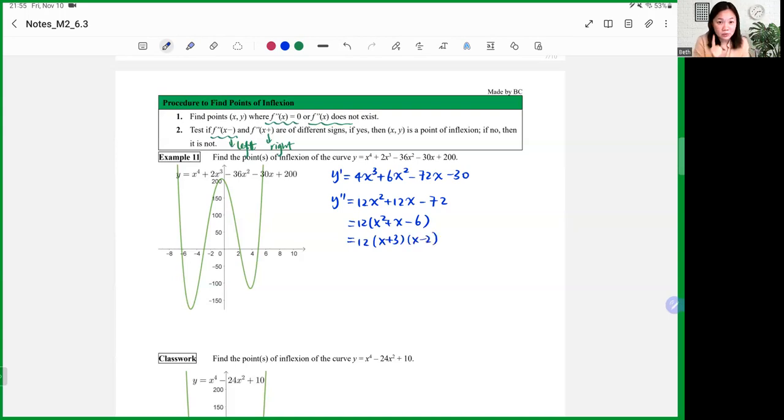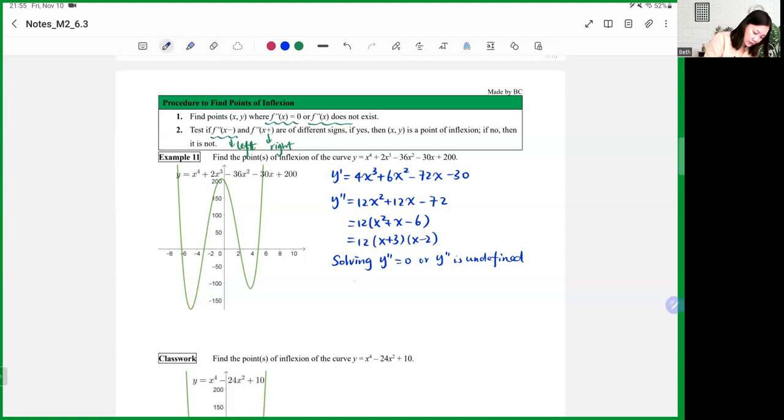This is because I know I'm going to solve it. Solving y prime prime equals 0 or undefined, because when looking for the points of inflection, I need 0 or undefined. Now, luckily, we don't have an undefined, so this can be dropped.